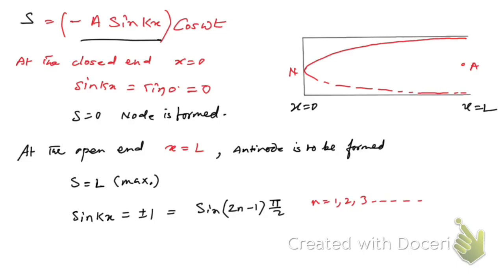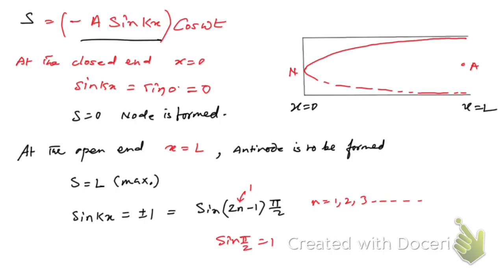If you put 1, 2, 3 and so on in n, then you're going to have a value of this alternatively plus 1, minus 1, plus 1, minus 1, right? Hope you have understood this. So now if you put n is equal to 1, then you're going to have 2 into 1 minus 1, that's going to be 1 into pi by 2, so sine pi by 2 is equal to 1.